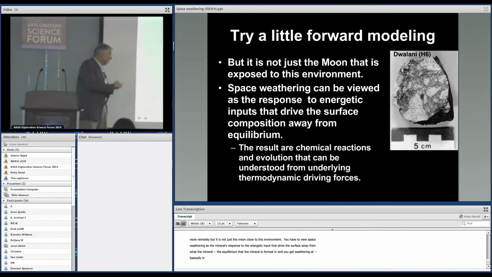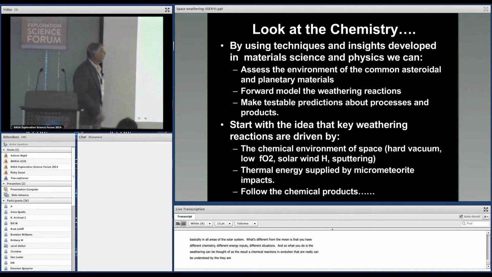What's different from the moon is that you have different chemistry, different energy inputs, different situations. So the weathering can be thought of as the result of chemical reactions and evolution that really can be understood by the underlying thermodynamic processes. And so what I look at is the chemistry.